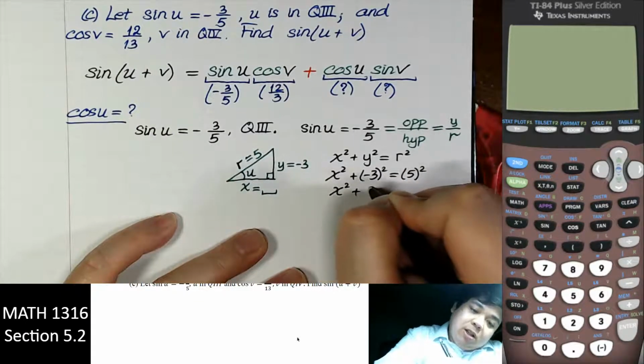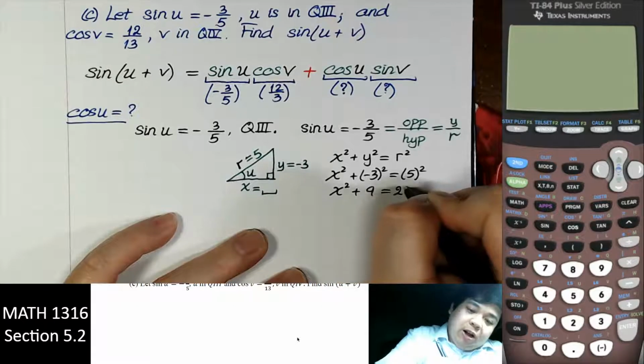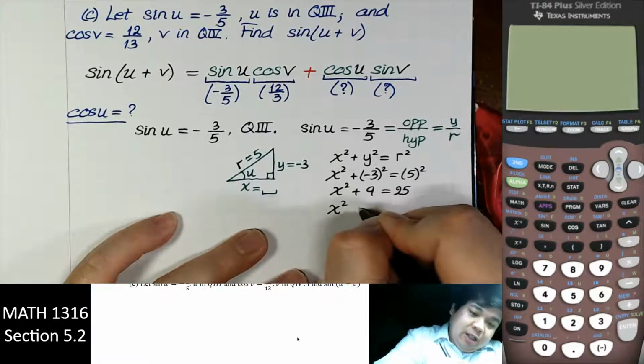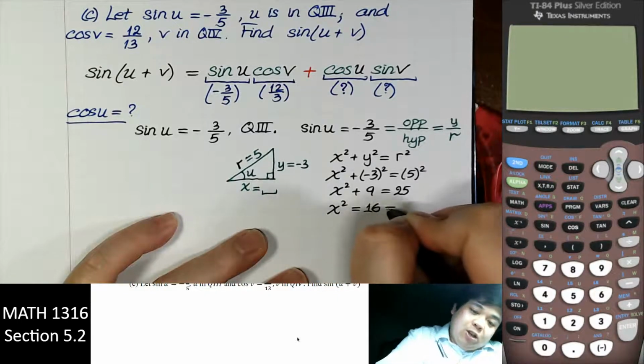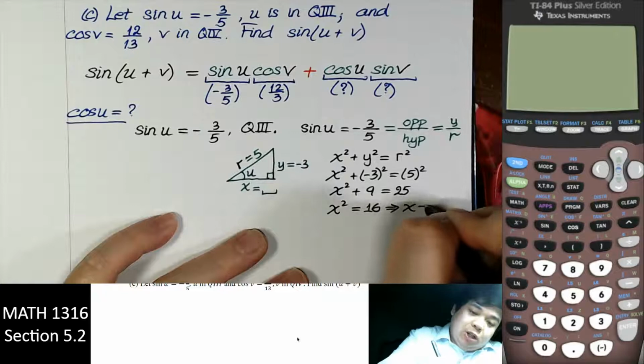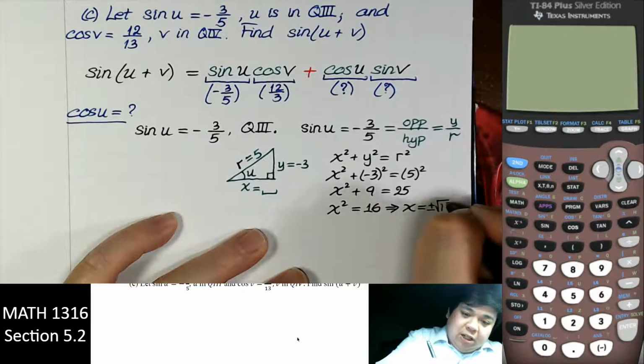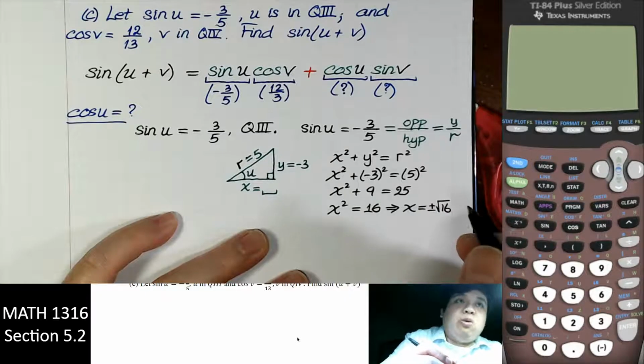So x squared plus 9 equals 25, minus 9 on both sides, x squared is equal to 16. Take the square root on both sides, x equals plus or minus square root of 16, which is plus or minus 4.